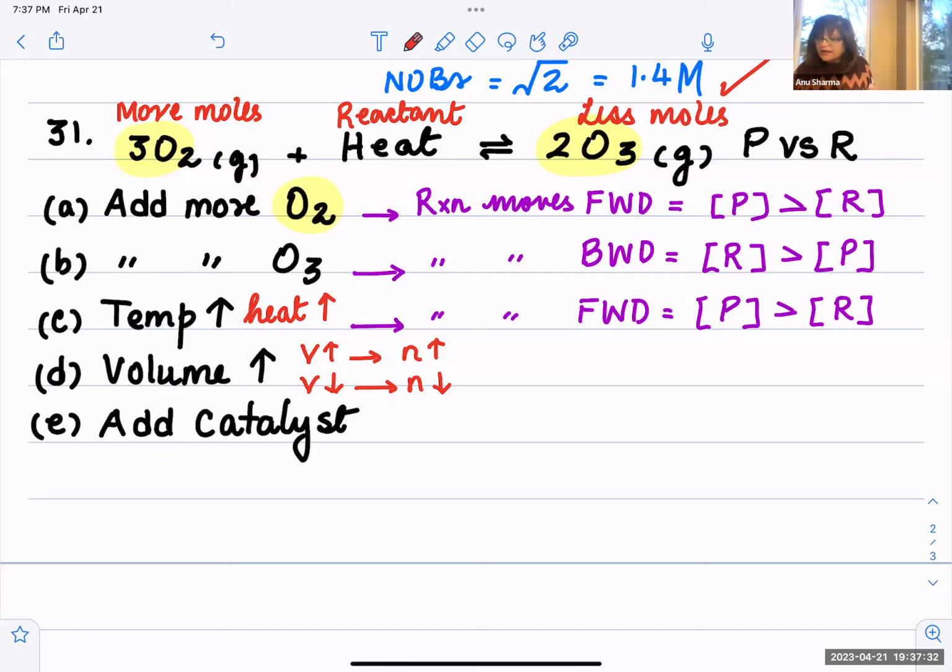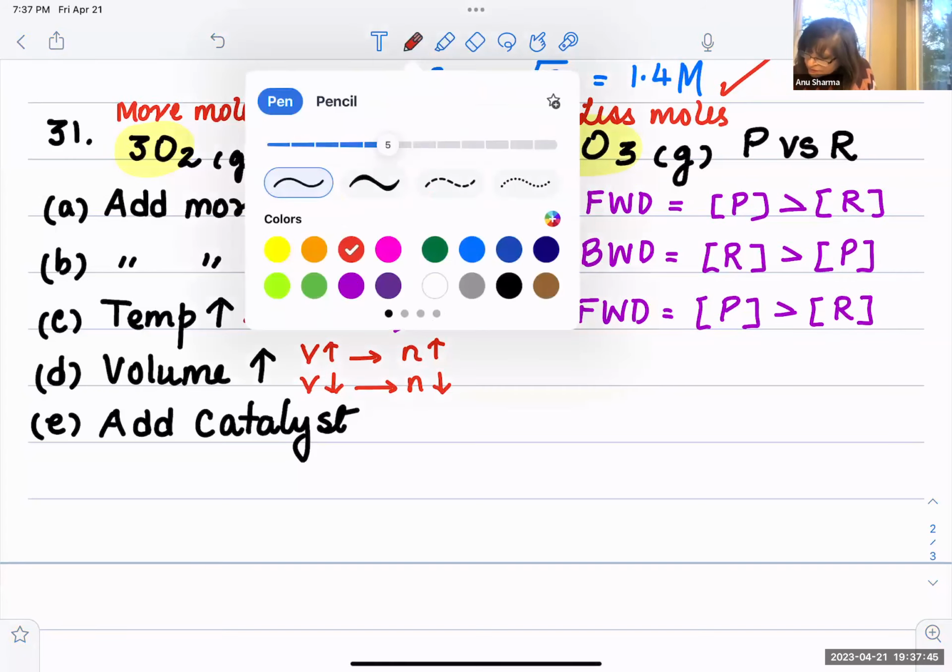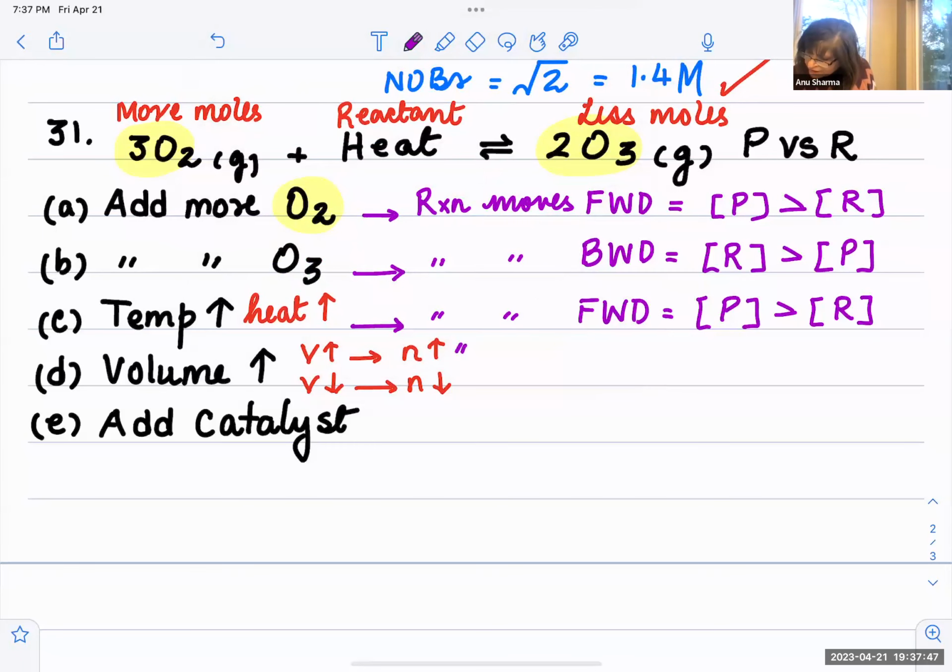So if the volume is increased, the reaction moves to where there are more moles, so the reaction moves backward. I don't know why this happens, and I'm sure there's a very good reason. But backward, wherever there are more moles, and in that case, you will see more reactants than products.